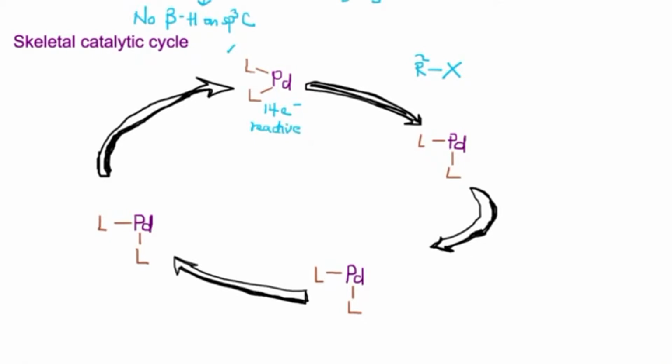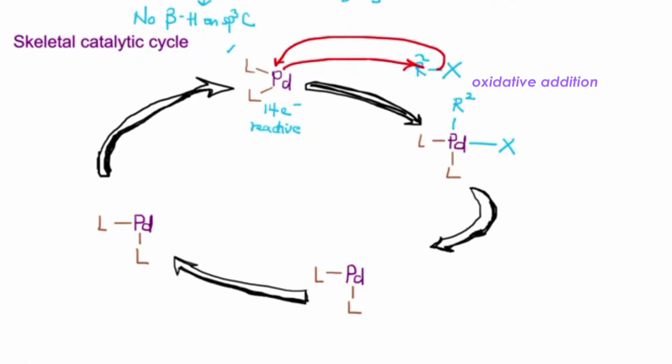So what happens as a result is that our metal comes in and picks this R2 up, and then this leaving group comes in and bonds with our metal center. As a result, we have our R2, which is our R group, bonding with the metal, and the metal is bonding with X. This first step is called the oxidative addition process.